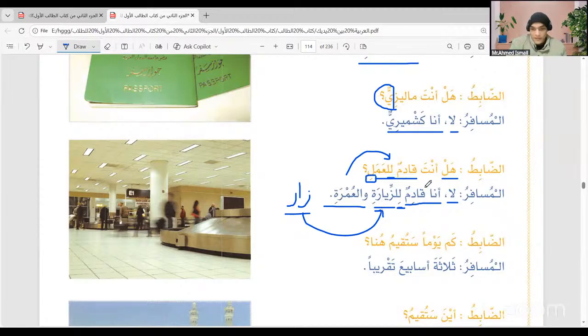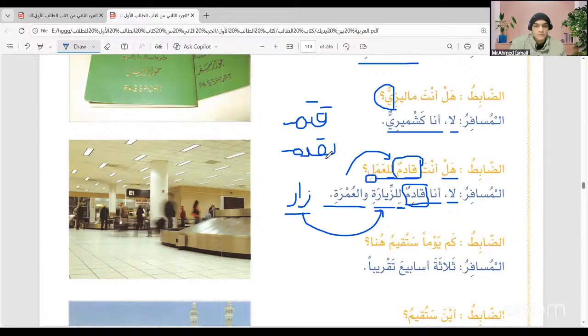And the word قادم, you still have it also here. This is from the verb قدم, which means someone that he came, قدم. And يقدم is the مضارع of it.